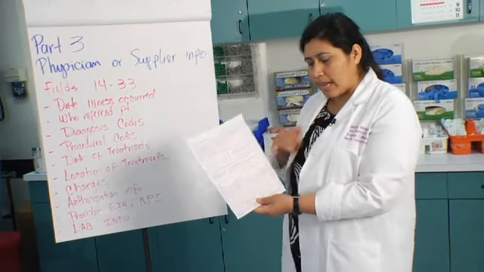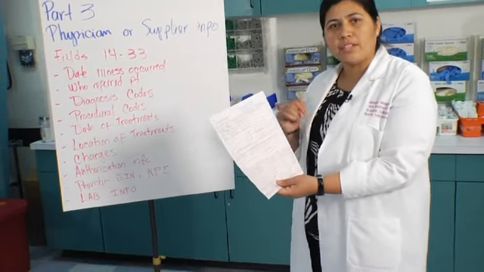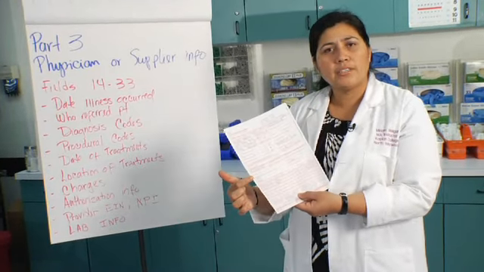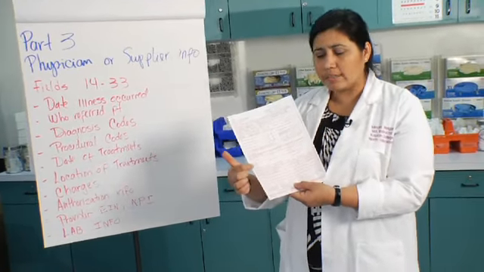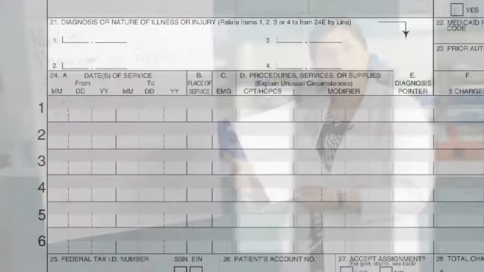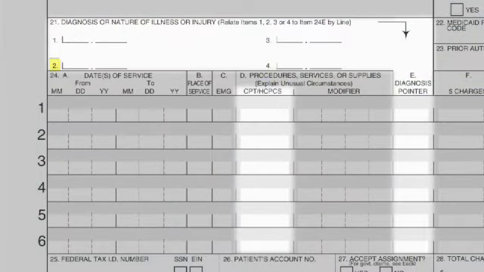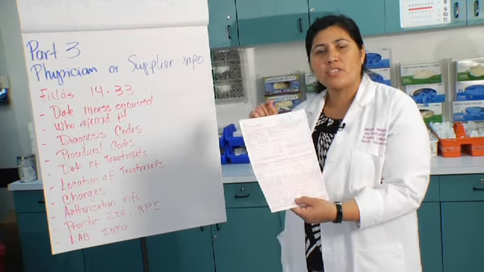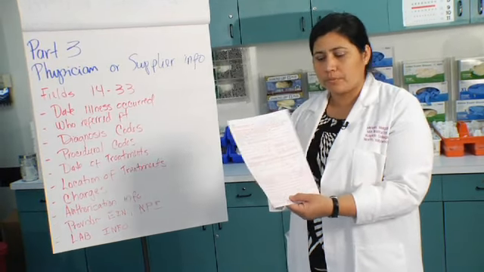I have a little example here, and in this one, the office visit relates to one of diagnosis codes. And in the diagnosis code areas, you have numbers 1, 2, 3, and 4. So you need to make sure that the pointer is written as either 1, 2, 3, or 4, based on the diagnosis that justifies the procedure.